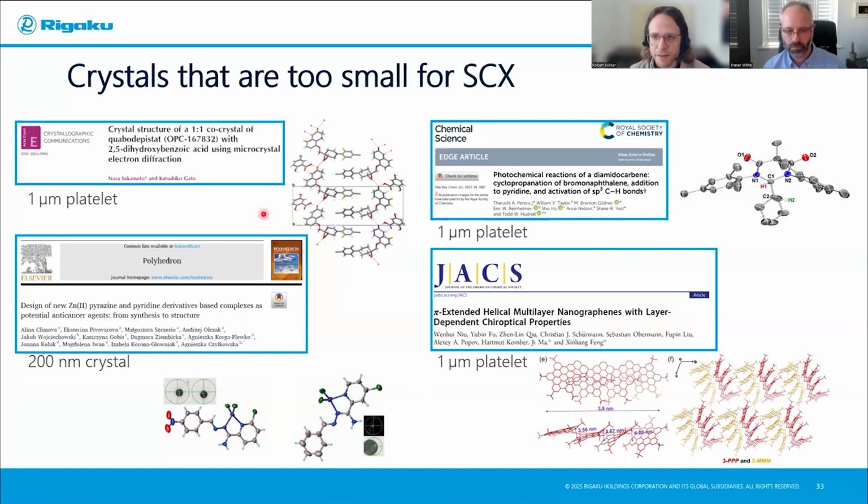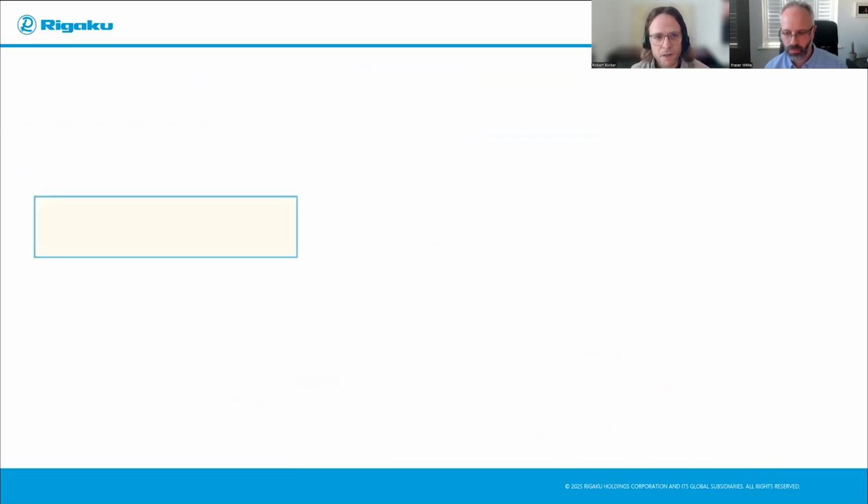We see an organometallic. What do we have here? There's another organic molecule, and here's something totally exotic, a nanographene, which is a very complex layered structure. And for all of these, it's impossible to grow crystals larger than, let's say, a micron, and electron diffraction can just solve them.